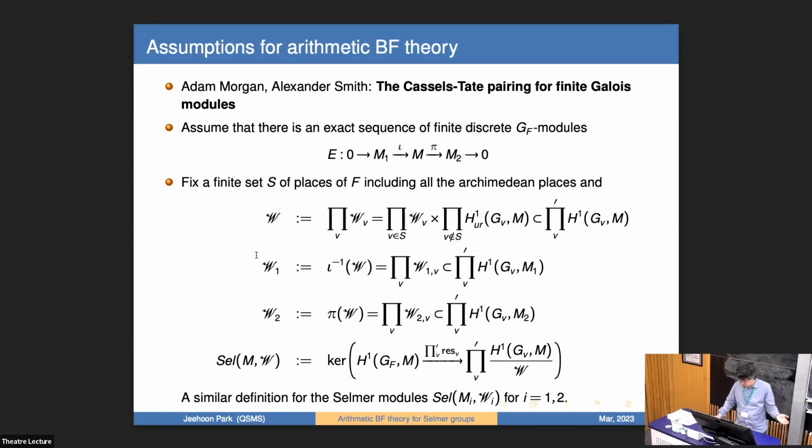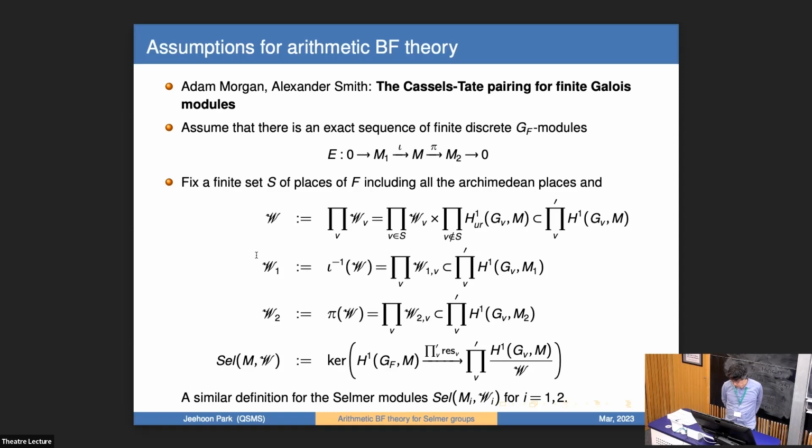In physical theory, M_1 is usually equal to M_2. In physical BF theory, you remember that there's a Lie algebra g and a g^*, right? So here M_1 and M_2 play a role of that. But why not? We can do something slightly more general, so I use this general setting. The input data is this discrete G_F-module, and then there are local conditions.